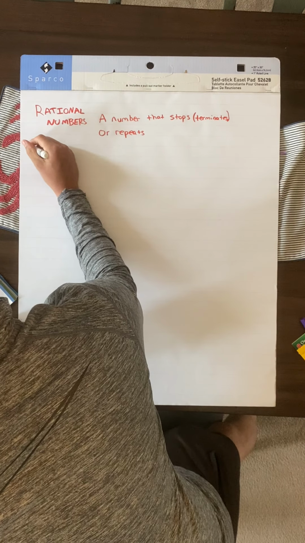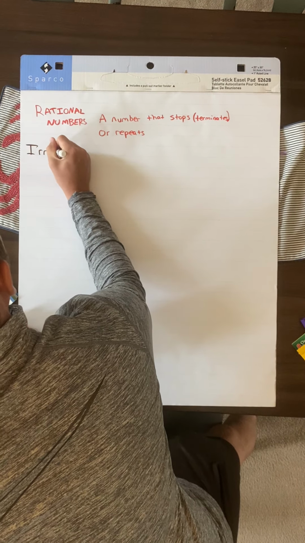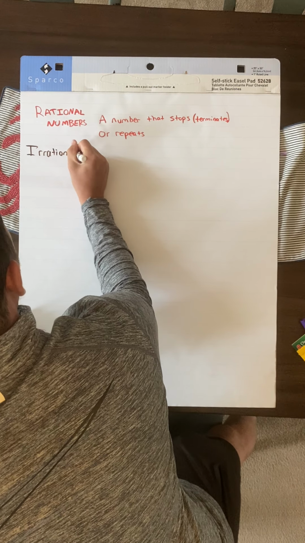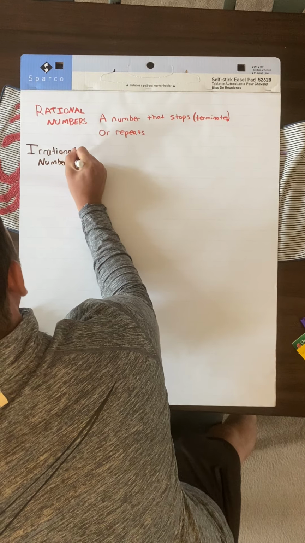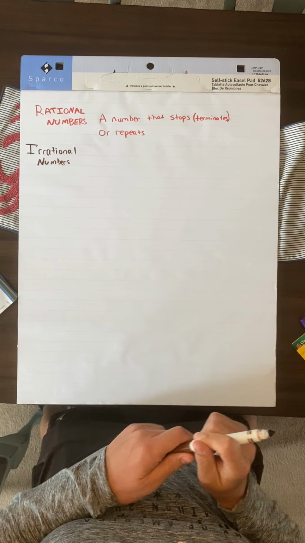An irrational number with an I is going to be the opposite of a rational number.